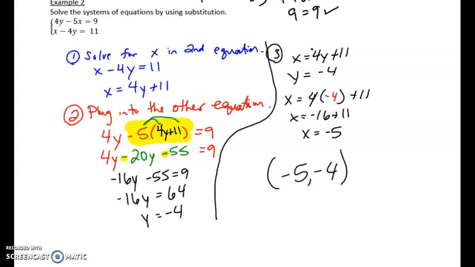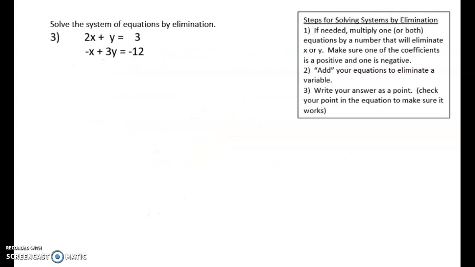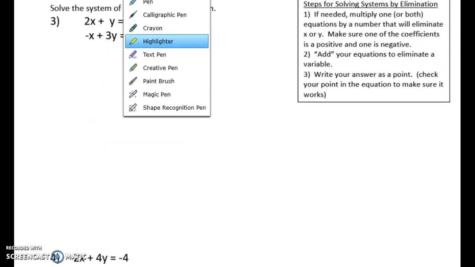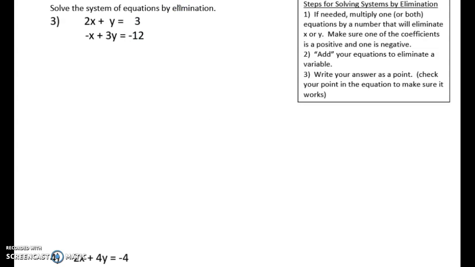All right, let's go to the other method. These were both solving by substitution. We're going to look at solving by elimination. If I want to solve a system by elimination, step 1 is, first of all, hopefully the equations are set up right. You want them to be in standard form, ax plus by equals c.